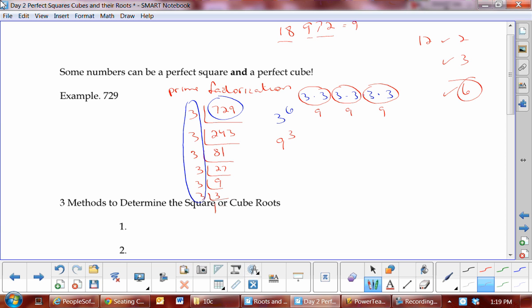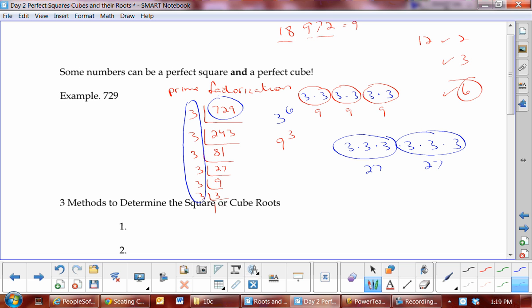Okay, now there's another one. You just line them up. You can also go, that would be 27 times 27, right?